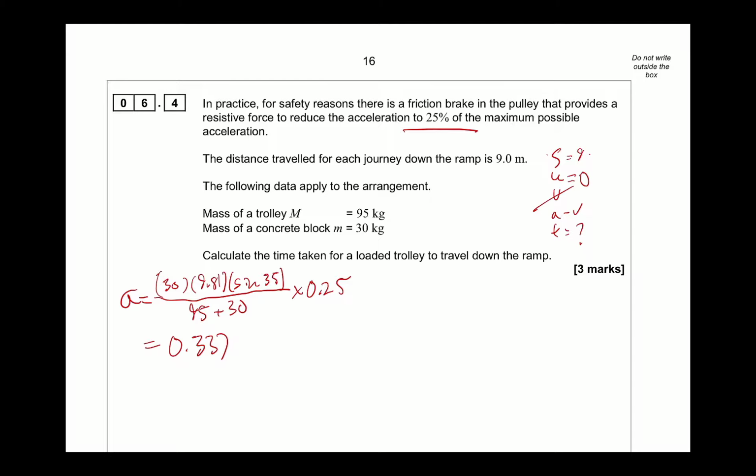I want to find time. So I need to use my suvat equation, s equals ut plus at squared over 2.